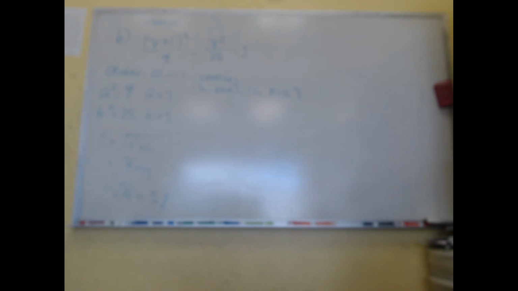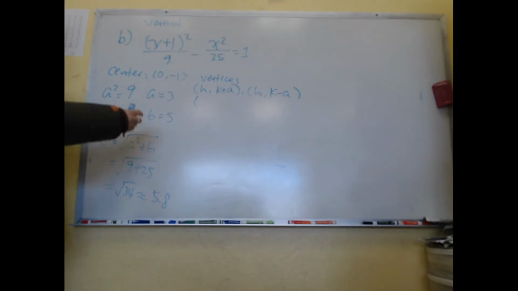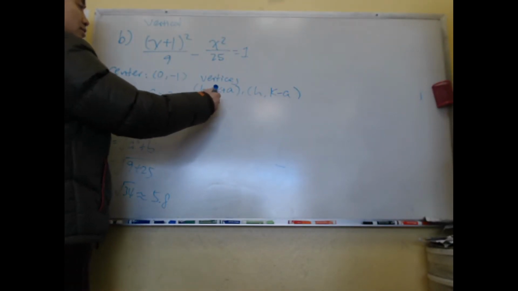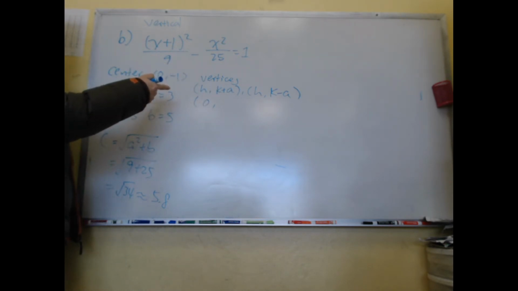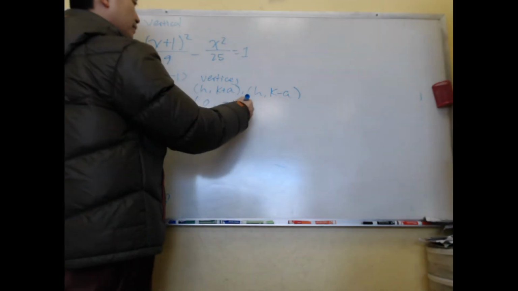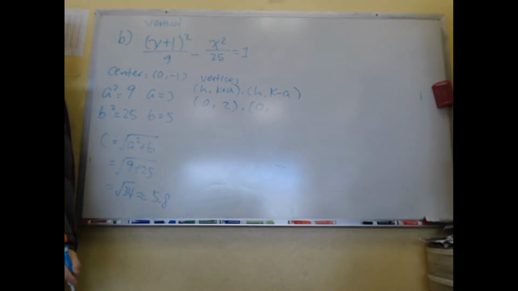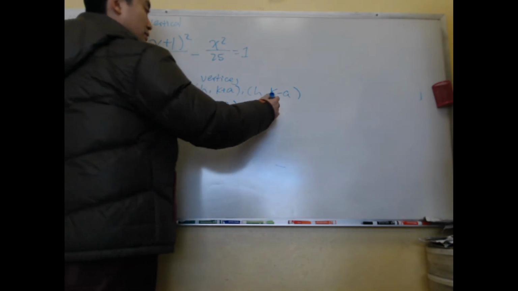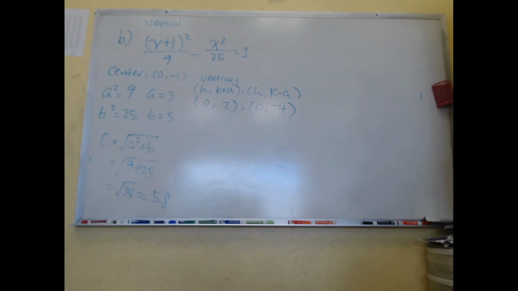So now, h is 0. So k plus a, so -1 plus 3 is 2. And then 0, k minus a: 0, comma, -1 minus 3, which is -4. Again, they're kind of symmetrical there, because of the center.